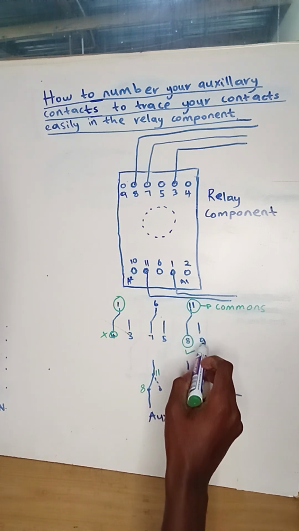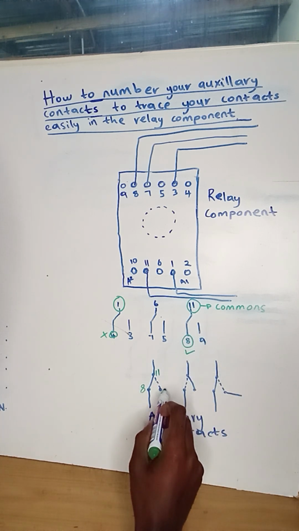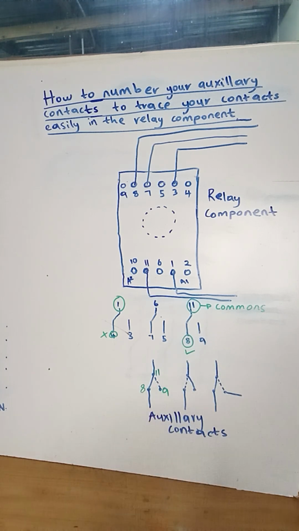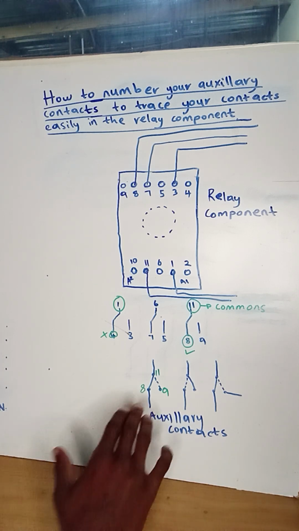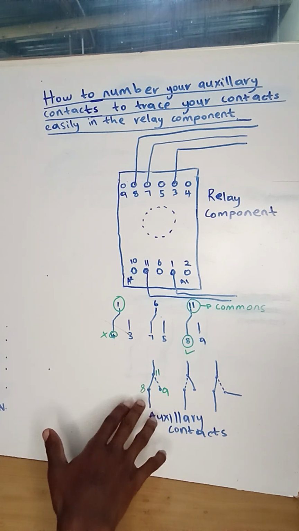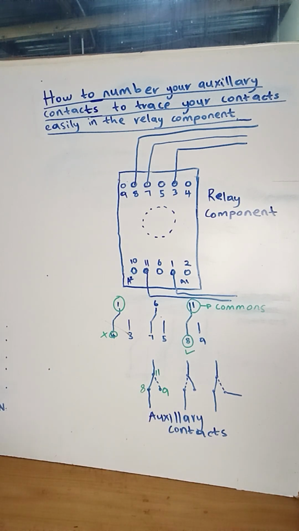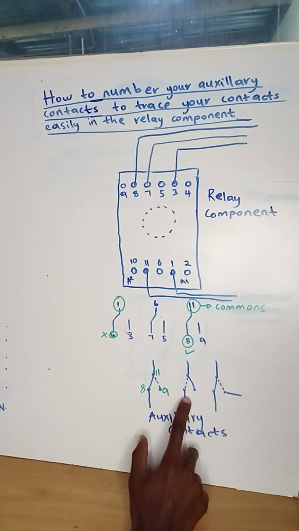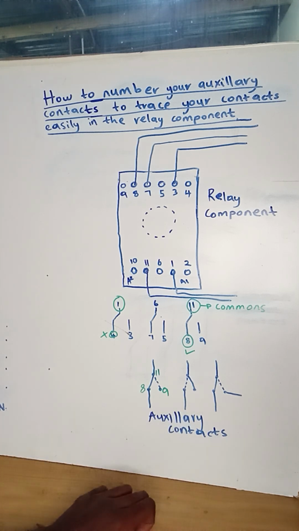And the open position is number 9. So this is how I numbered my auxiliary contact. For you to understand better, I will do the next auxiliary contact.